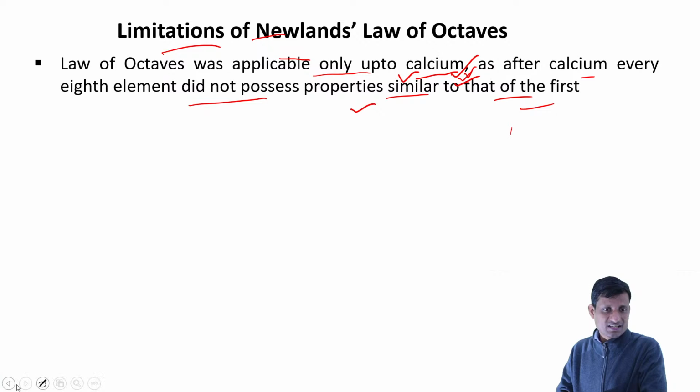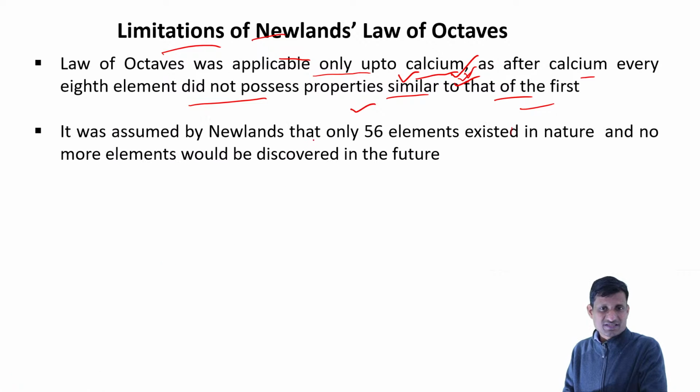The second limitation is that he made a big mistake. At the time, only 56 elements were known to us, so he thought that these were the only elements available in nature. He did not think that we could have more elements yet to be discovered, or that we had not yet become familiar with. That is the major disadvantage: he did not think about more than 56 elements.